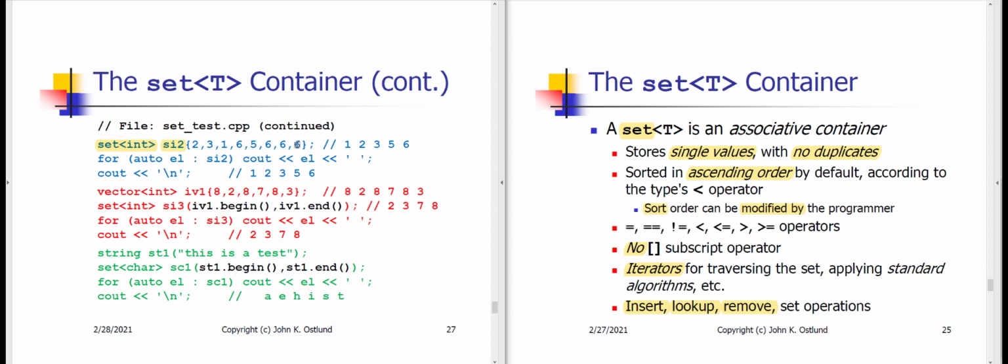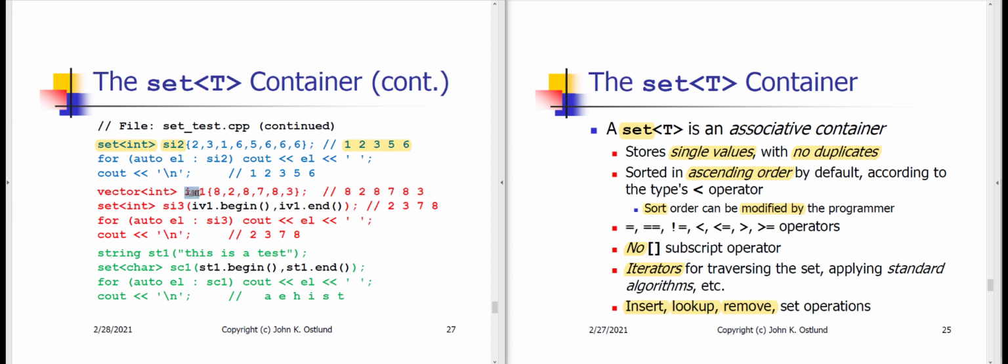I won't get an error at runtime, but I will discover after I've done this initialization and I look at the contents of si2, all right, so after I've created and initialized si2 and I loop through it and display the element values, I'll see that the element values are contained in ascending order, 1, 2, 3, 5, 6, with no duplicates.